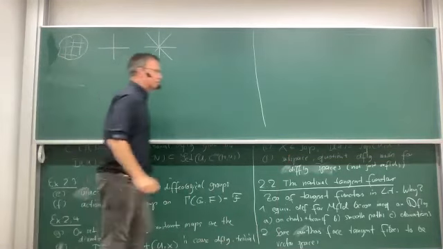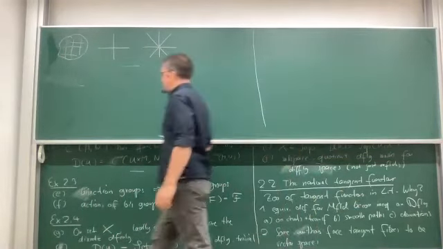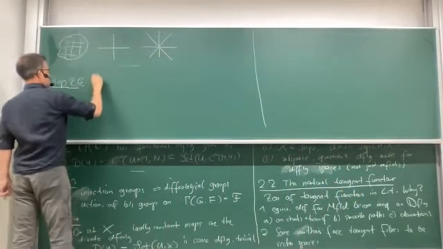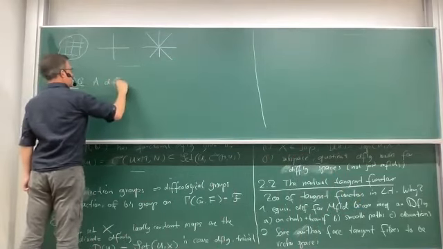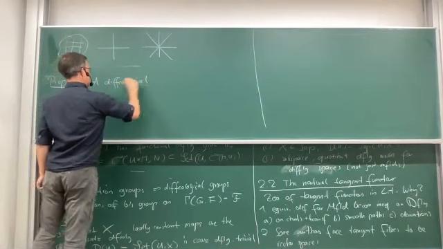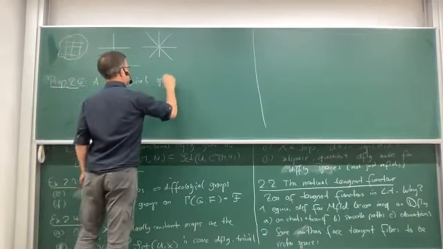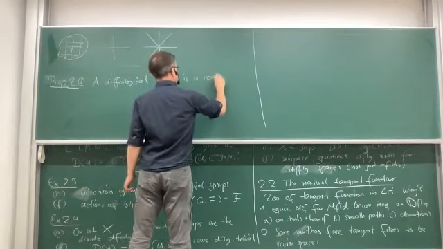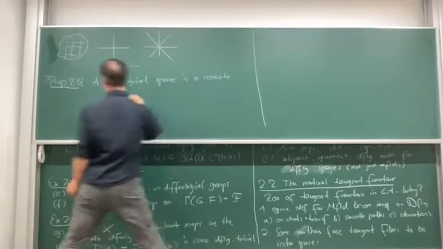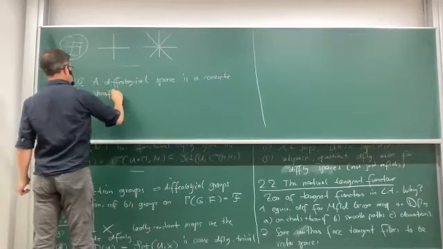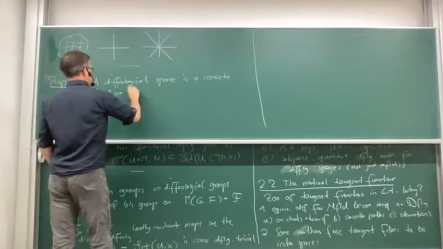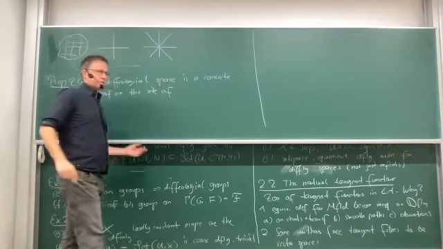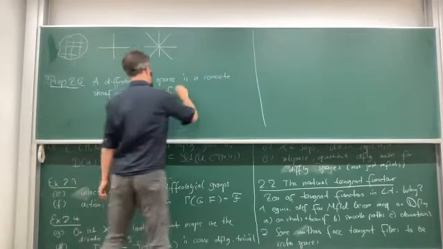So this is proposition 6. A diffeological space is a concrete sheaf on the site of Euclidean spaces, I call Euclidean spaces of open subsets.